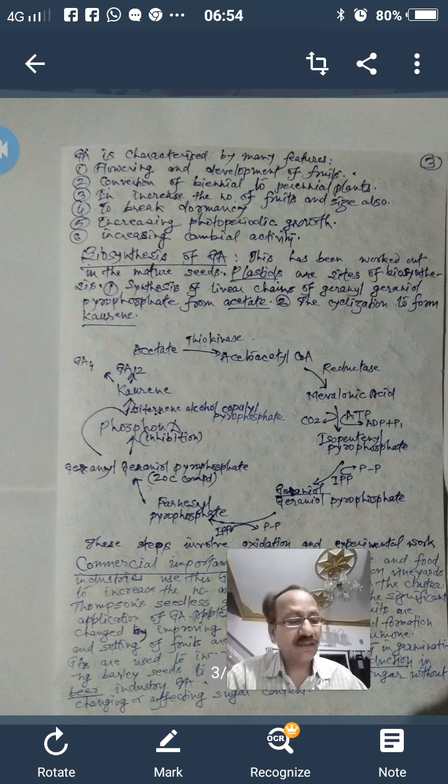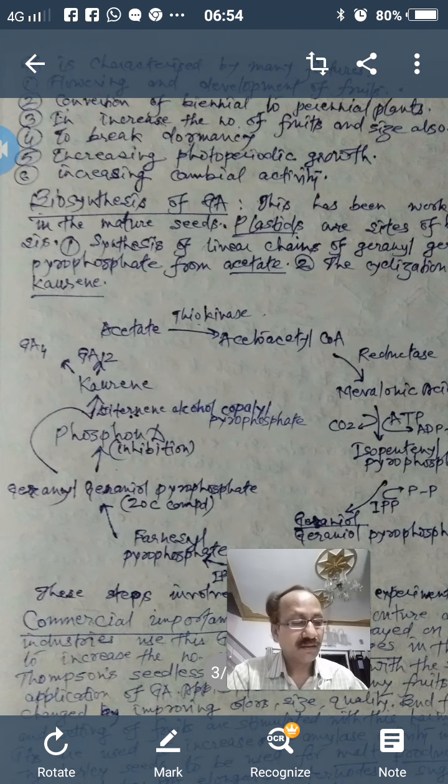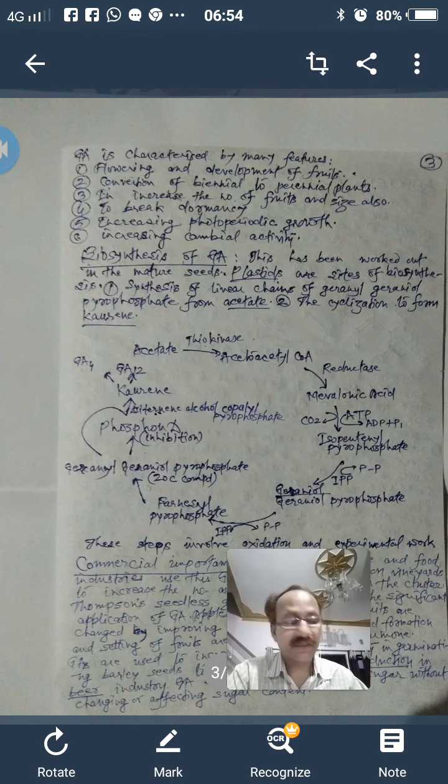Five, increasing photosynthetic and respiratory growth along with photoperiodic growth. Photoperiods are maintained and thereby the plant's growth takes place at a very good level.